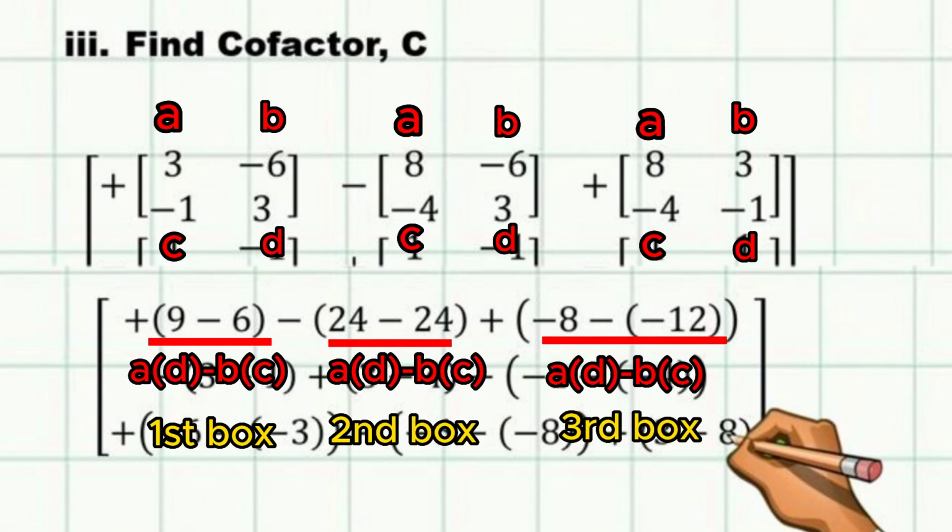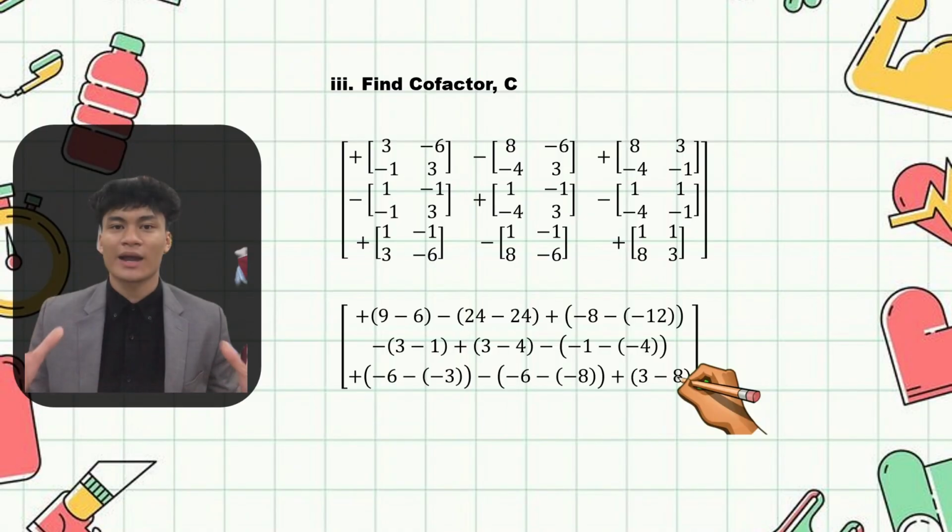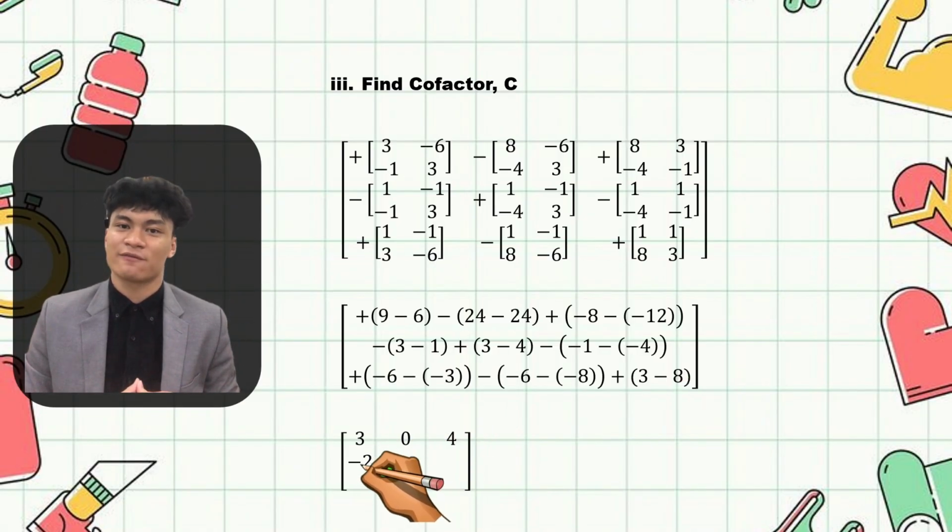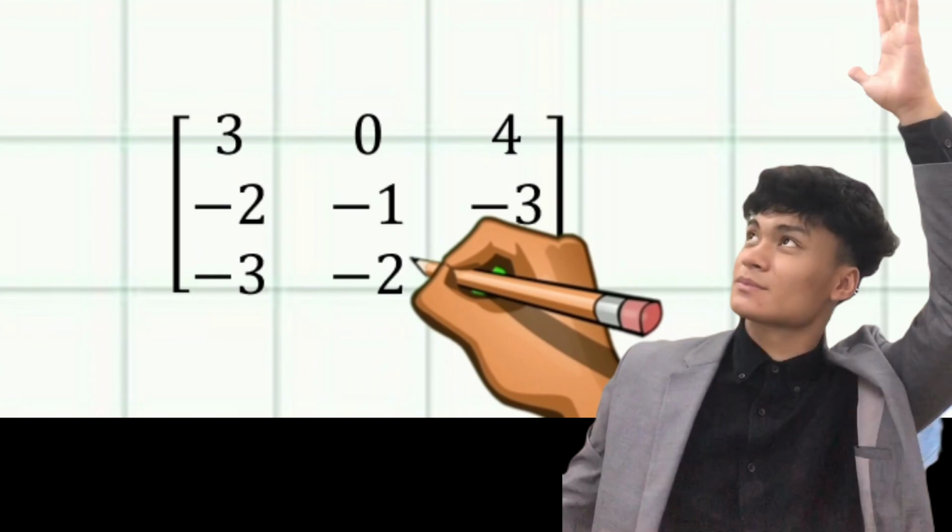To find the answer for each box, we need to use the formula A times D minus B times C. And now, this is the full calculation and the final answer for cofactor.